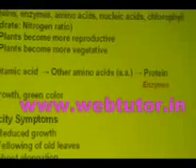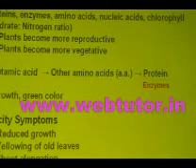Why? Because more nitrogen is available, more synthesis of proteins and everything occurs. And when lower, plants become more vegetative. They become stable or dormant, if you can say.